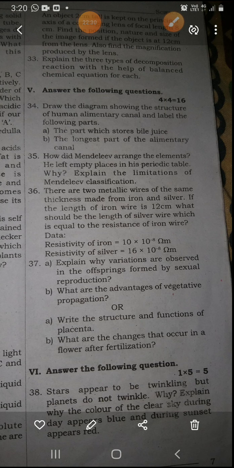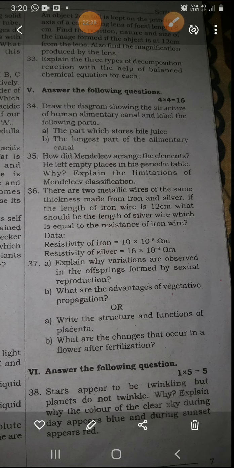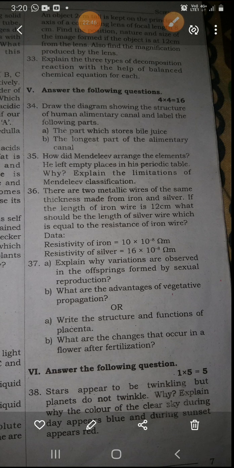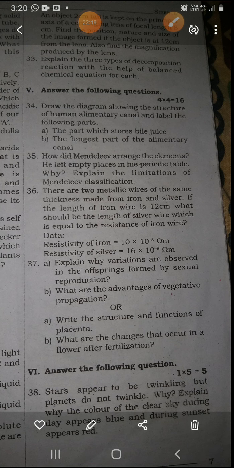Isotopes are atoms which have the same atomic mass number but different atomic number, right? For example, the isotopes of hydrogen are normal hydrogen, deuterium and tritium.